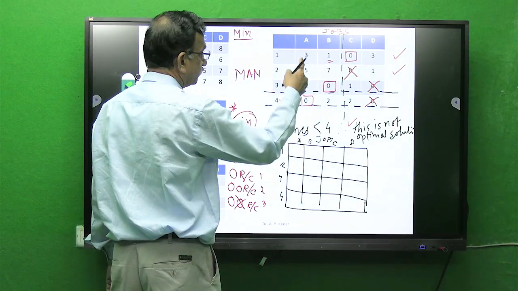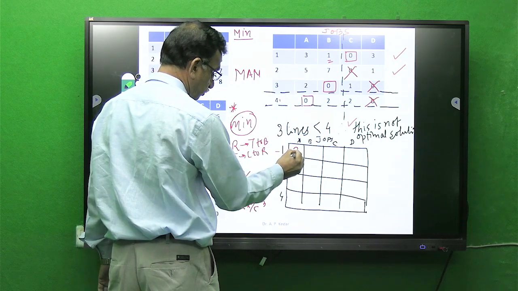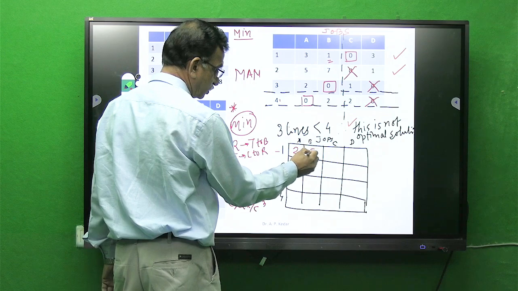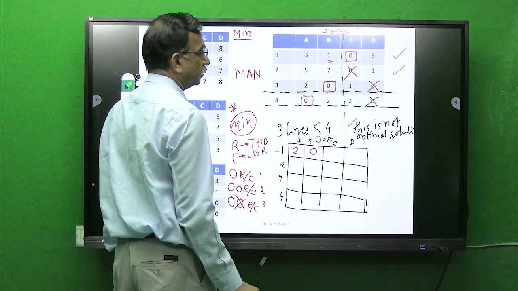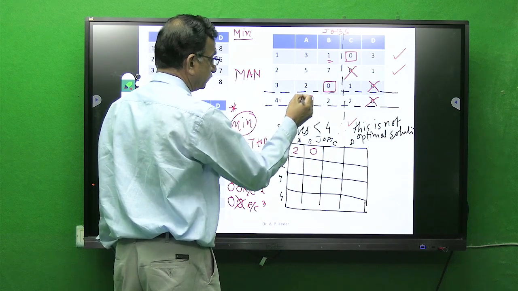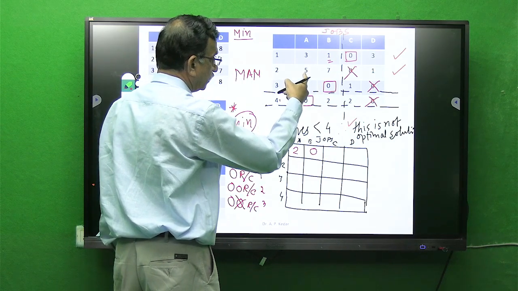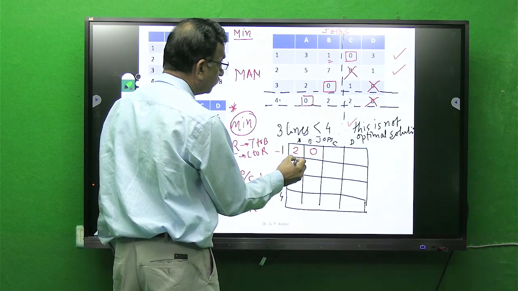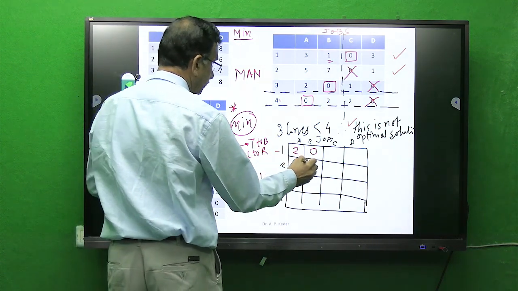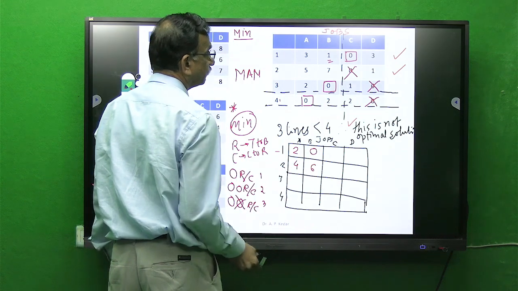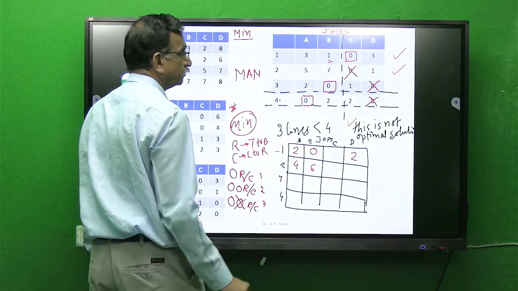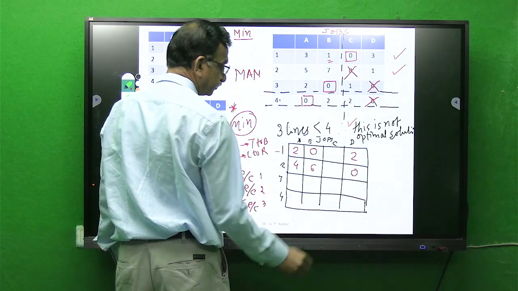The line does not pass here, so 3 minus 1 is 2, so the new value I got is 2. 1 minus 1 is 0. First we will write the subtractions: 5 minus 1 is 4, 7 minus 1 is 6, 3 minus 1 is 2, 1 minus 1 is 0.